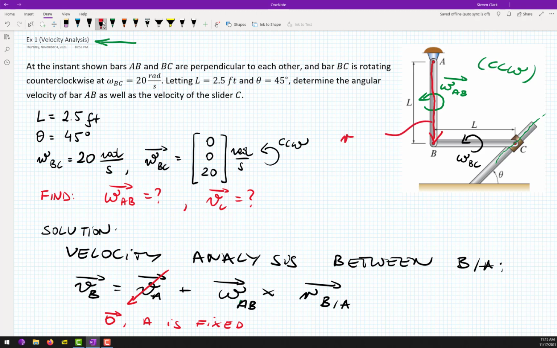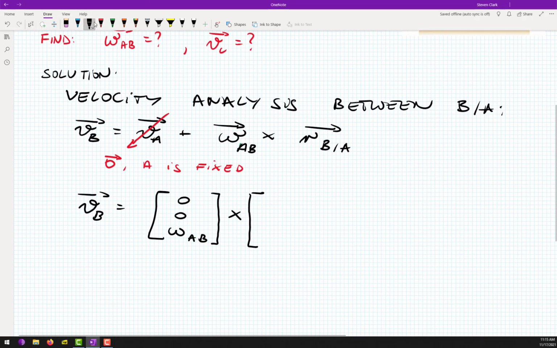This is our r_BA. I hope that you all see that the components of r_BA are 0, minus L, 0. Do you see that? 0, minus L, 0.